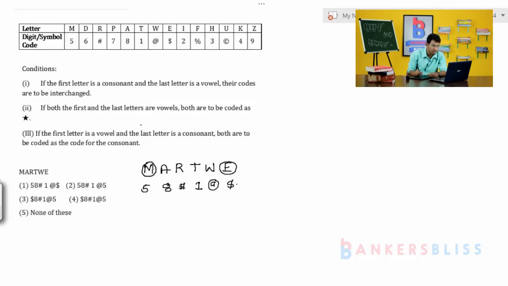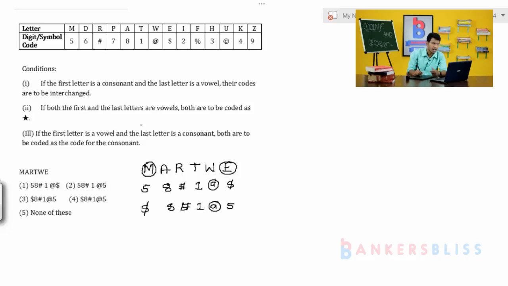The code for E, that is $, is to be coded for M, and the code for M, that is 5, is to be coded for E. Is it clear? Then the remaining are constant: 8, hash, 1, @.